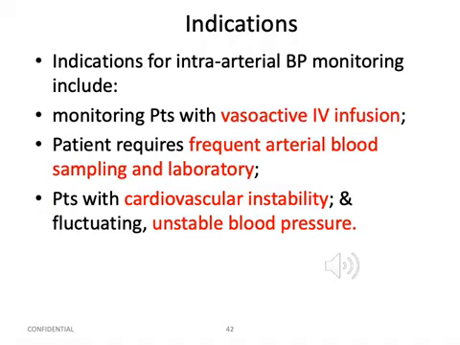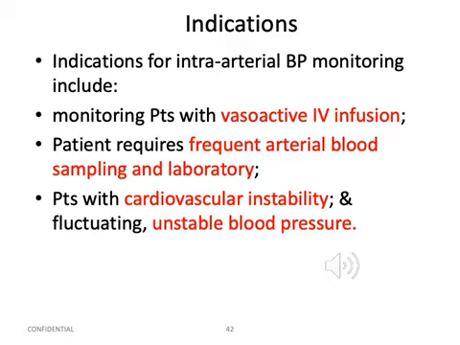It does not make sense to puncture an artery and take a blood sample every hour. By having an arterial line, this becomes more accessible for the nurses.